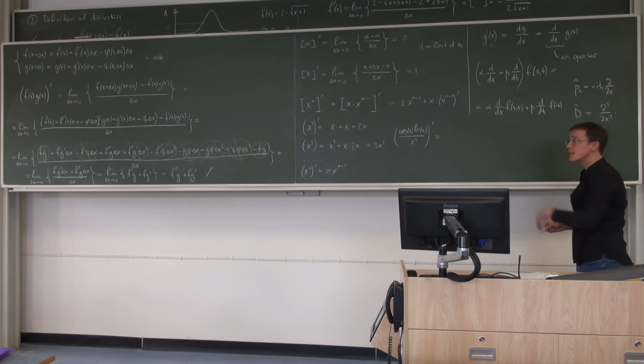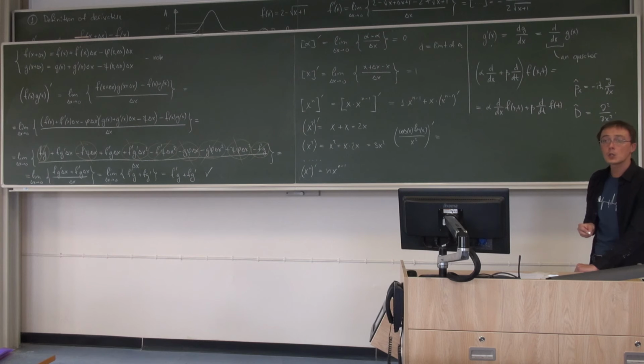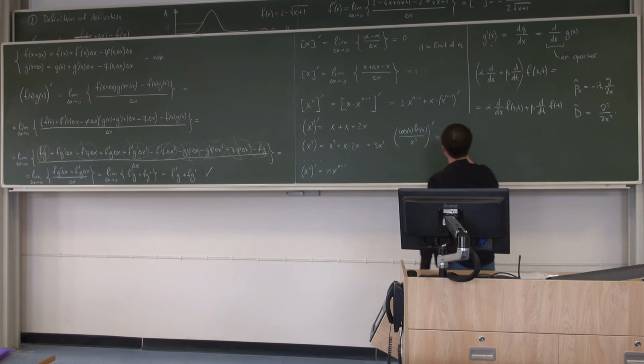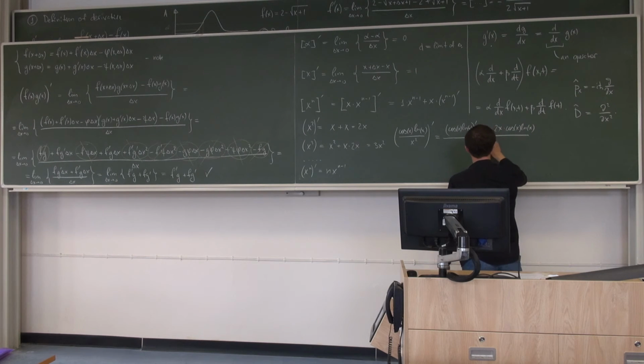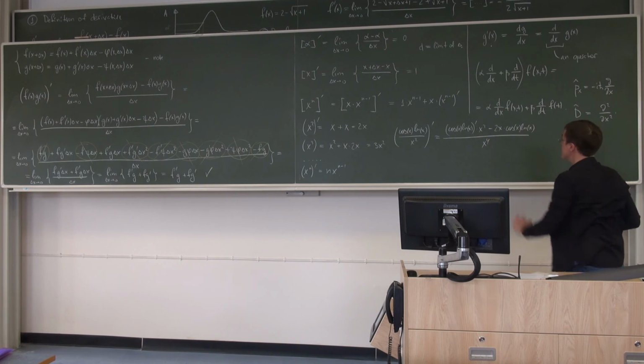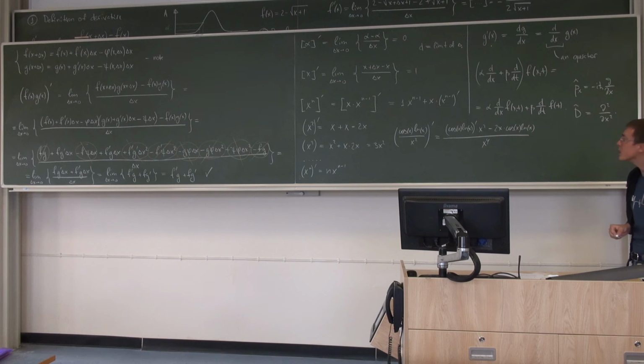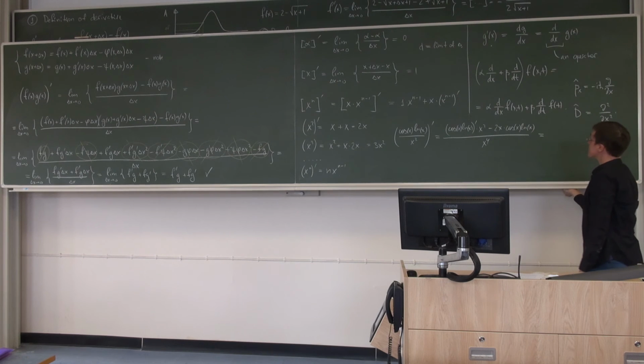Well, the outer thing is a ratio, so we've got the quotient rule: numerator prime times the denominator minus denominator prime times the numerator, divided by denominator squared. Notice that I've left the derivative unopened because it kind of looks complicated, and so I decided to just leave it be for now. But I will deal with it in the next step.